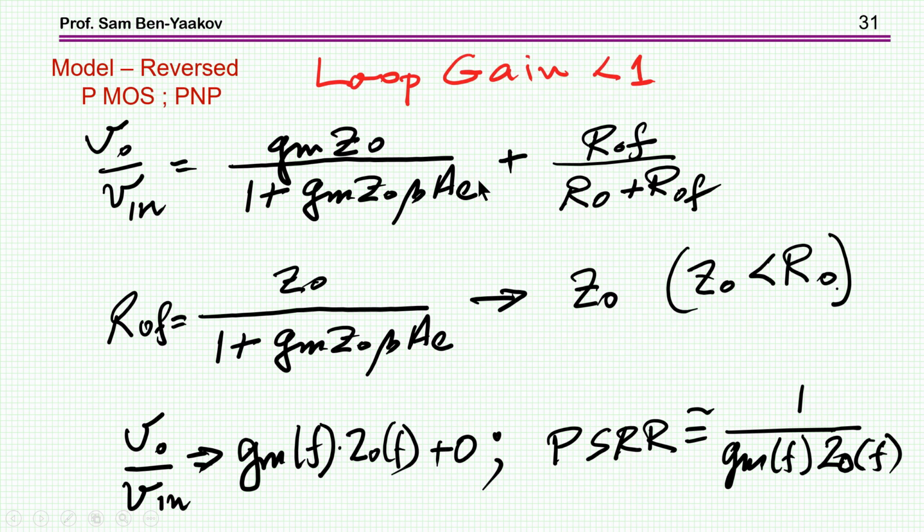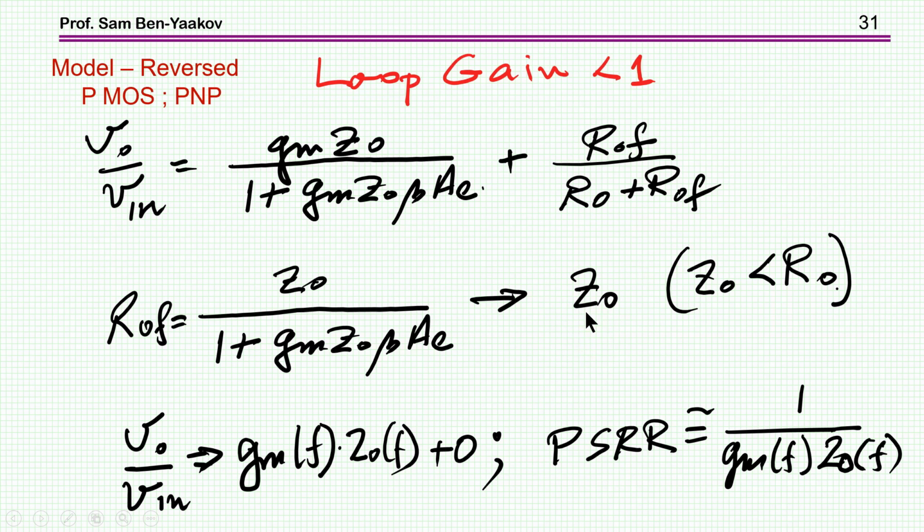Now what about the case that the loop gain is smaller than 1? So what happens first of all with this portion here? We are losing this gain, so the output impedance is just Z out. This is what we see when we look into the LDO.